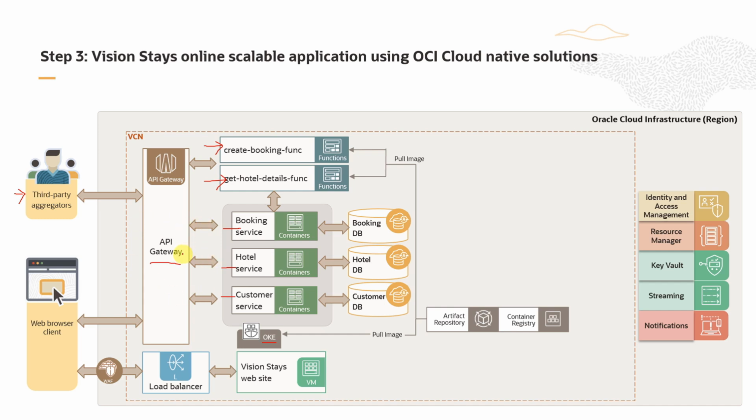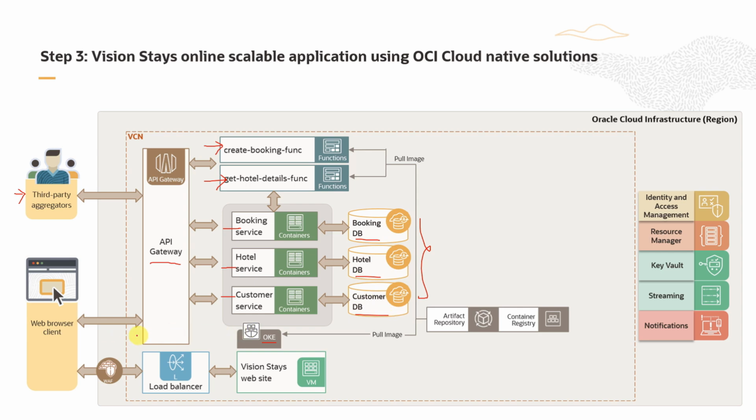This centralized gateway acts as a protective barrier, regulating access to our backend microservices and ensuring that all incoming requests are handled securely and efficiently. Internally, these functions will interact with the microservices that are deployed within the OKE. All data generated by these microservices will be stored in Oracle Autonomous JSON database instances.